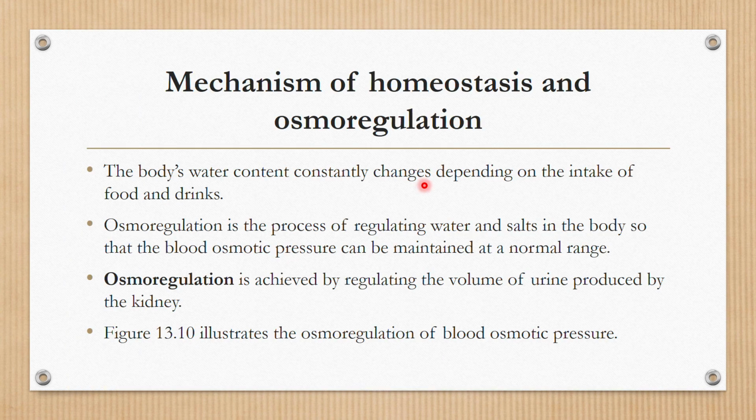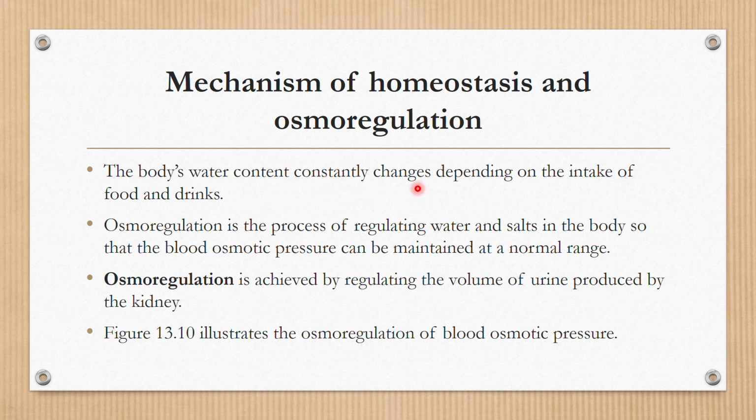Now we are going to move on to the second main function of the kidney, and that is osmoregulation. So the word osmo here refers to osmotic, and we have to regulate the osmotic blood pressure of the blood, and that is actually done by the kidney. So the body's water content constantly changes.